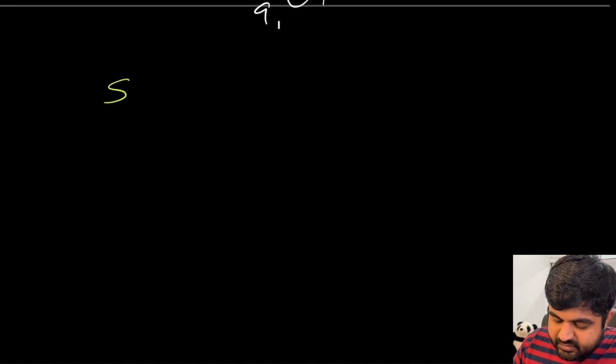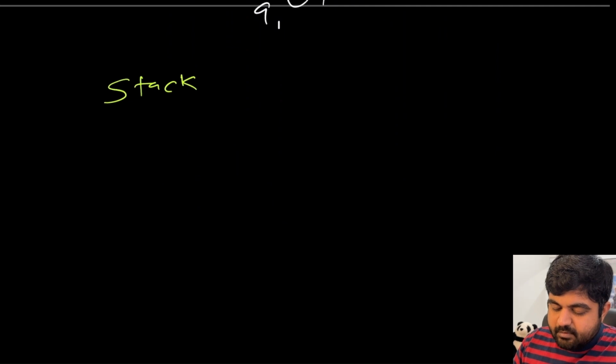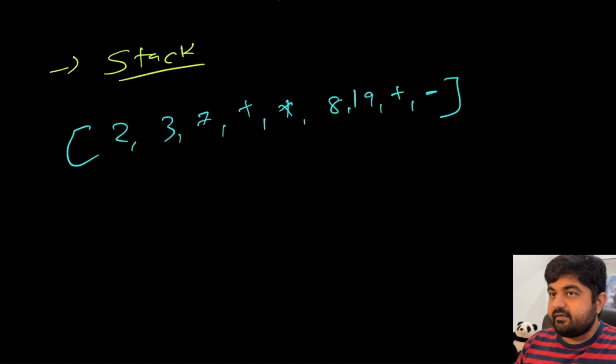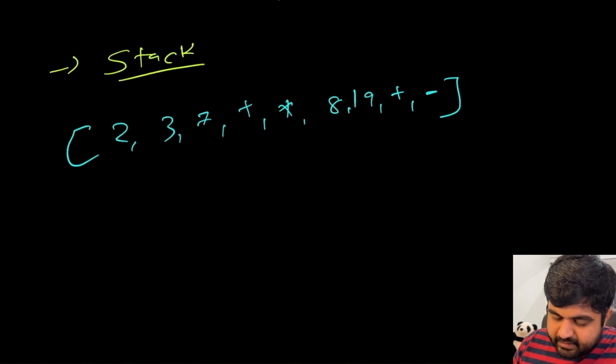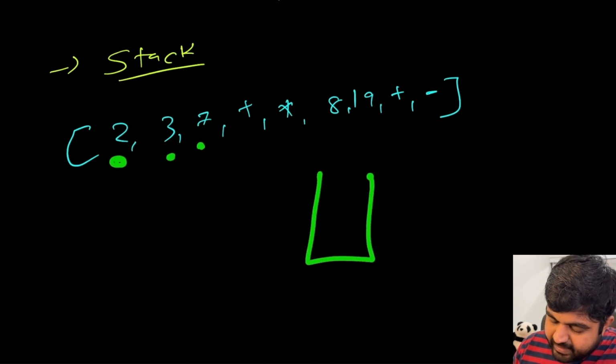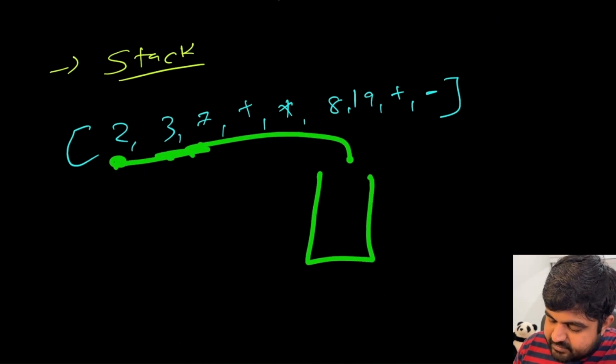The idea I am suggesting is that we can use a stack to solve this problem. Suppose this is the long operation we are given. At the very beginning we iterate the same way, and all the values we find, we push inside the stack.